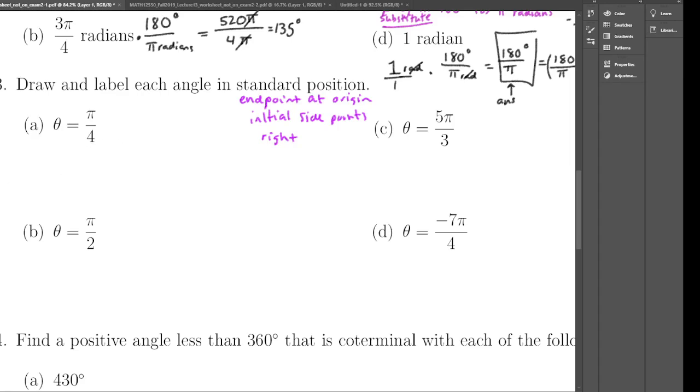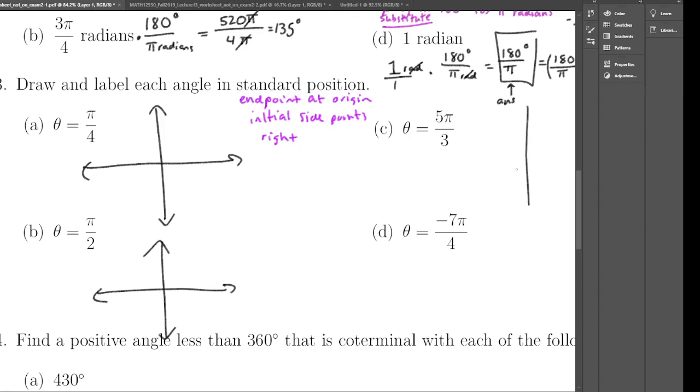So here, for example, I'll draw my x and y axes for each of these problems. And then we'll do our angles in color on top of that to make it a little easier to see.